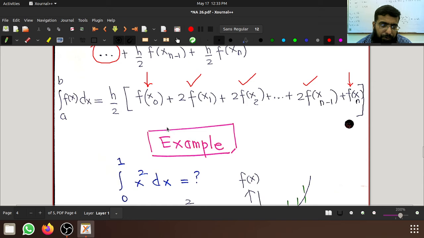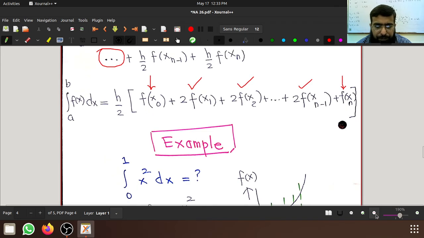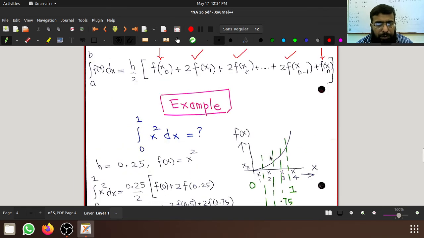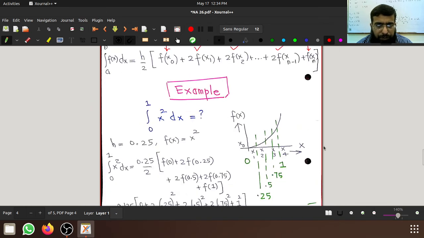So what we are going to do is put this formula straight away. Let's zoom it out a bit so that this formula and the example are both clearly visible. We need to integrate x squared dx, this definite integral, from 0 to 1.